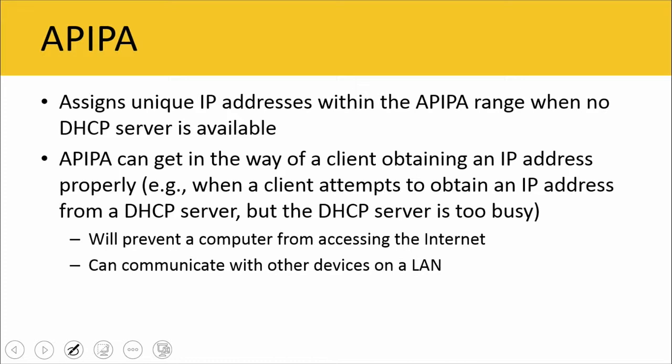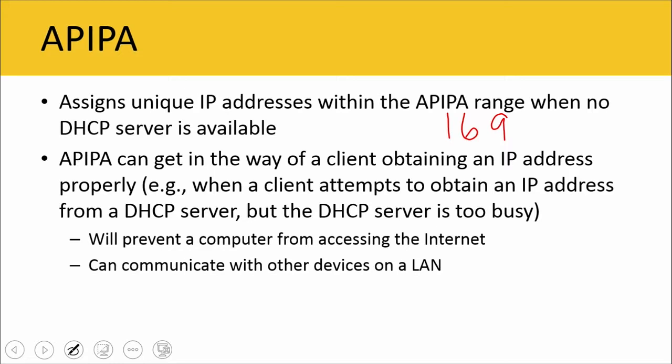All right, so we talked about APIPA a little bit earlier as well. APIPA is another networking service that makes things really nice for us. It assigns a unique IP address that starts with 169 when no DHCP server is available. And so APIPA, though, can cause us some troubles too, because if you have an APIPA address, a 169 address, then it makes it difficult for us to obtain an IP address properly from a DHCP server sometimes, right?